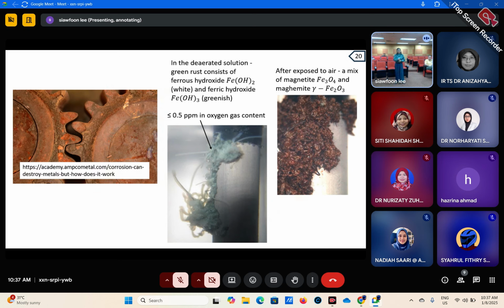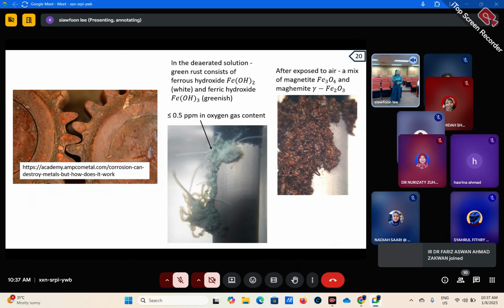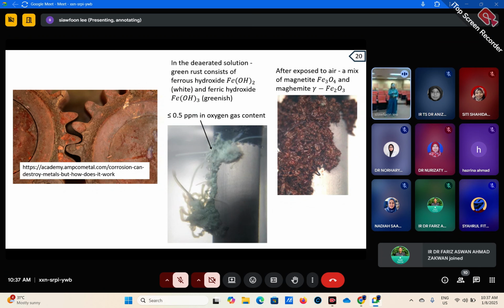In this case, the color of the corrosion product, which I did in my experiment, forms some kind of greenish and white color. And they only form like this when the oxygen concentration is very low. And this green rust, as they call it, consists of ferrous hydroxide and also ferric hydroxide. The ferric hydroxide gives the greenish color.